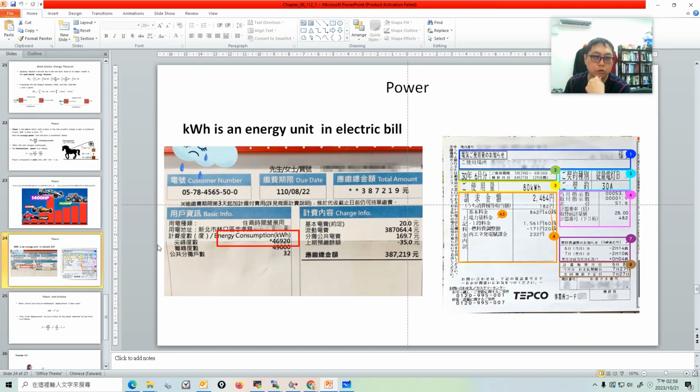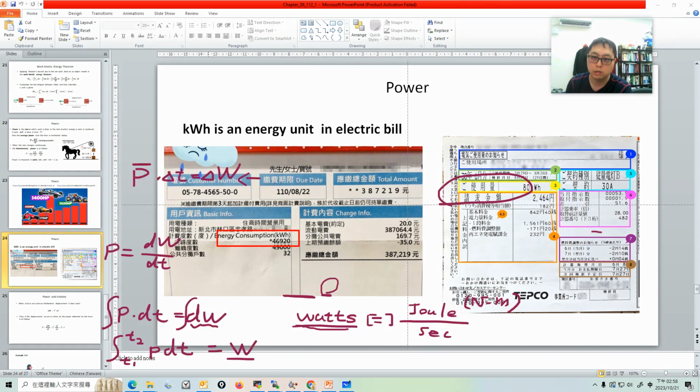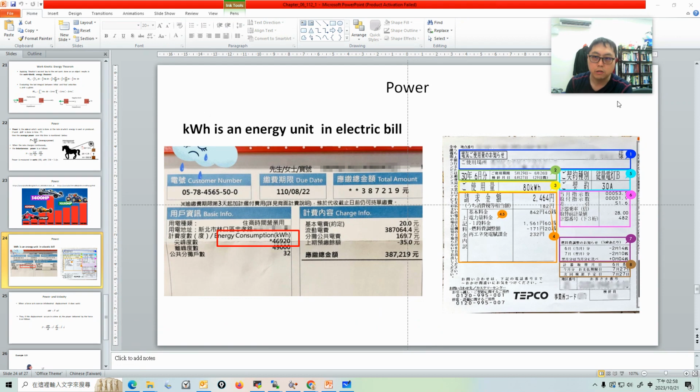And here I just want to introduce a unit called kWh. It's kilowatts times hours, and it's an energy unit. Because a watt is energy per unit of time, when you multiply by time, it becomes an amount of energy.